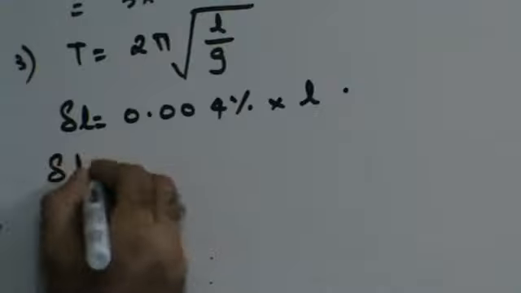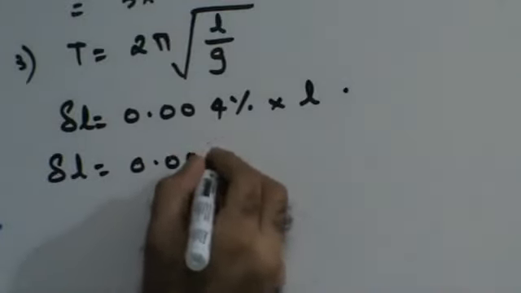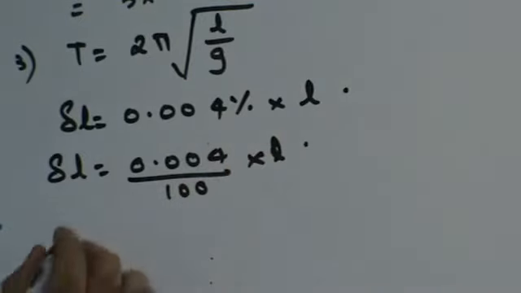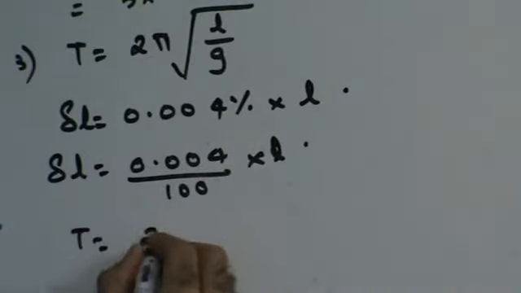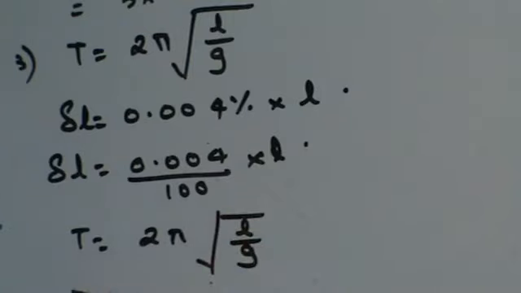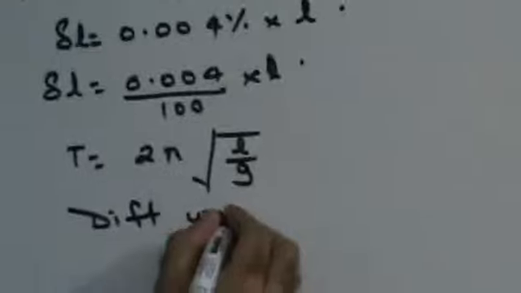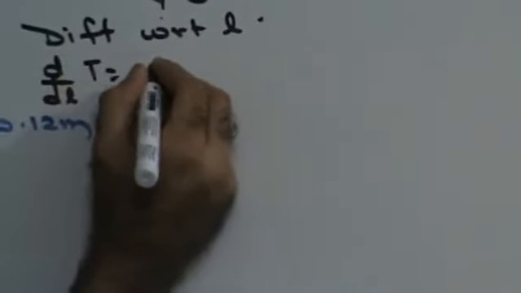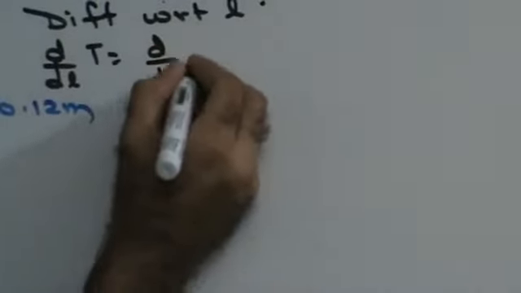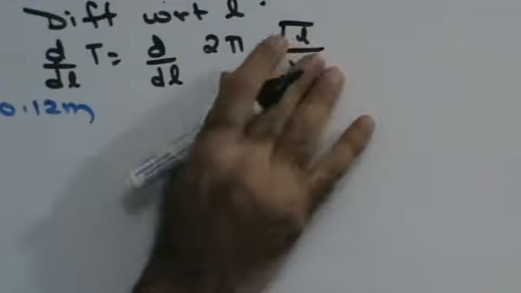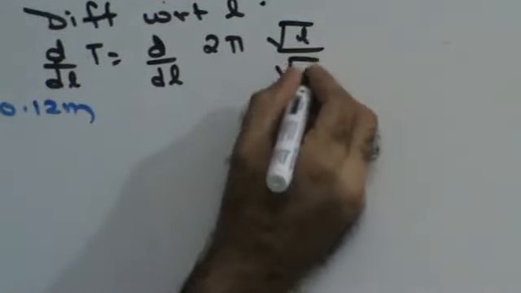Now, we know the error in L is 0.004% of L, right? T is given to you as 2 pi root of L by g. Differentiate with respect to L. So d by dL of T is nothing but d by dL of 2 pi root L by root g. I'm just splitting the root sign up.